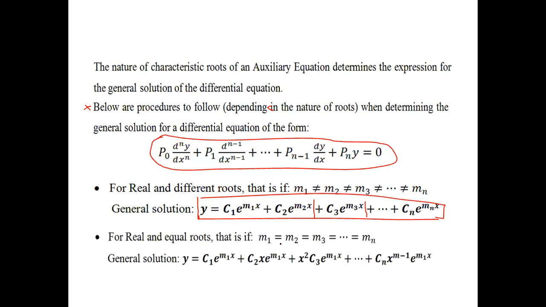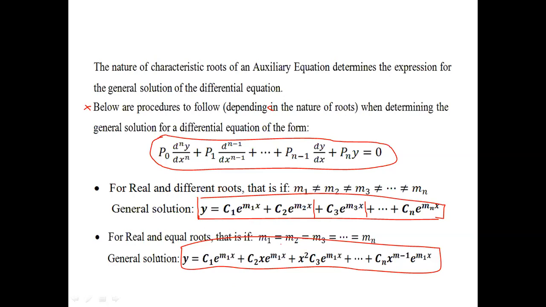If the solutions to the characteristic equation are real and equal, then the general solution will be y equals C1 e^(m1 x) plus C2 x e^(m1 x) plus x squared C3 e^(m1 x) plus, it goes on right up to the nth term in terms of the constant.